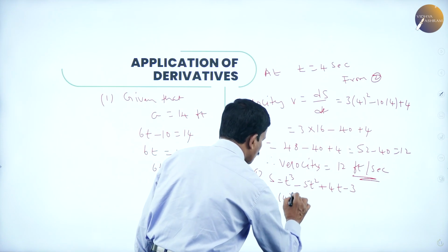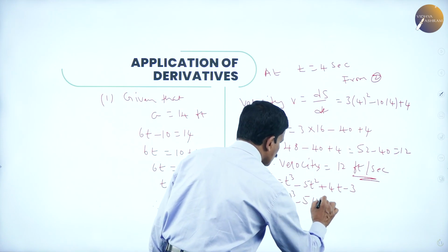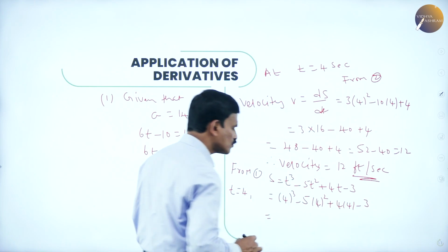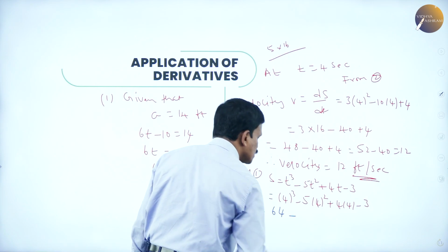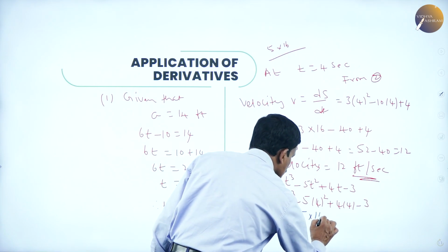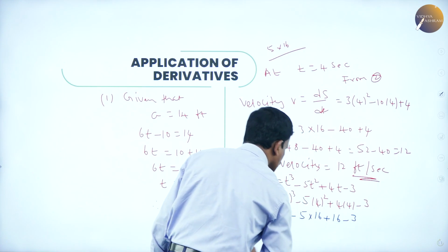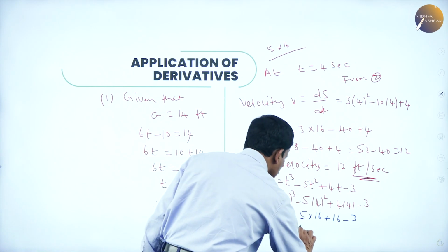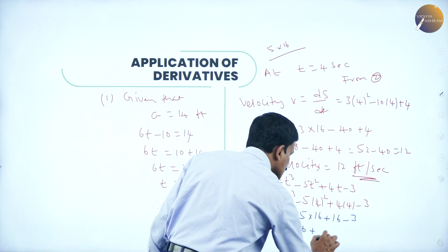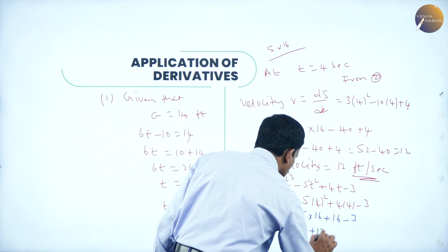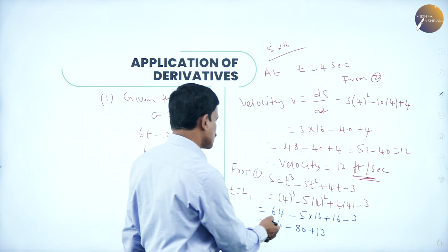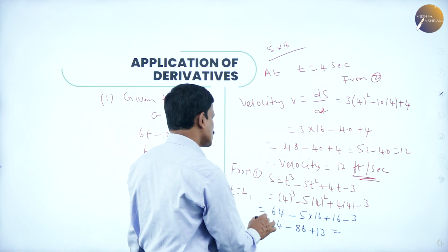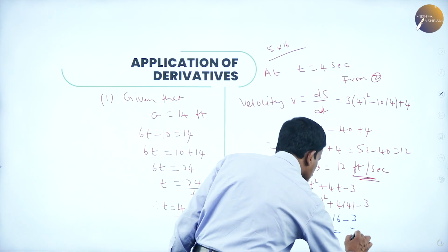So, this is 4 cube minus 5 into 4 square plus 4 into 4 minus 3. 4 4s are 16, 16 4s are 64, minus 5 into 16 plus 16 minus 3. So, this is equal to 64 minus 16 into 5 is 80 plus 16 minus 3. Now, simplify this. 64 plus 13. Let us simplify this.